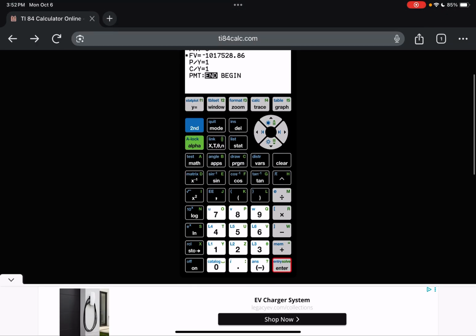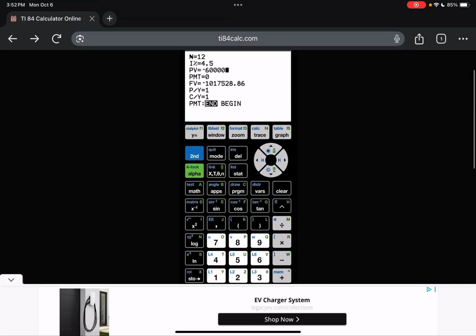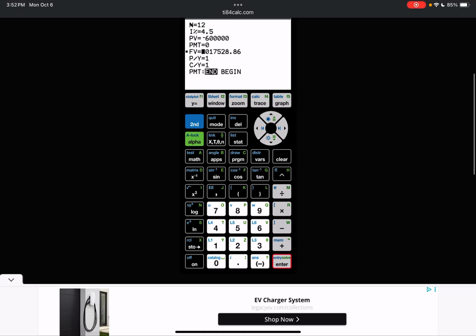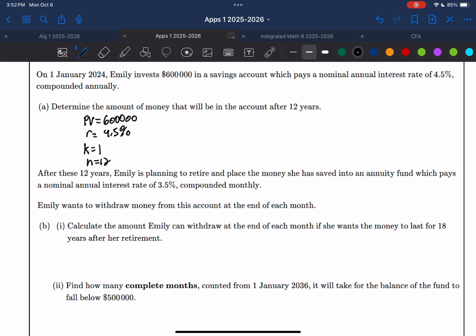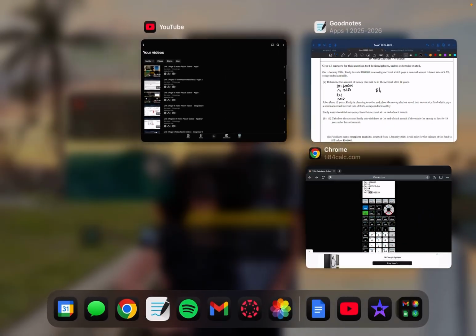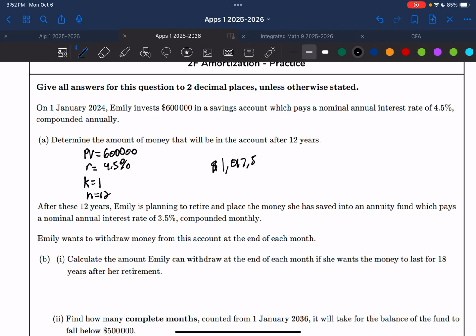This is what happens when you forget to do negative on the present value. Then you hit alpha enter, and we see that that's going to accumulate to be 1,017,528.86.